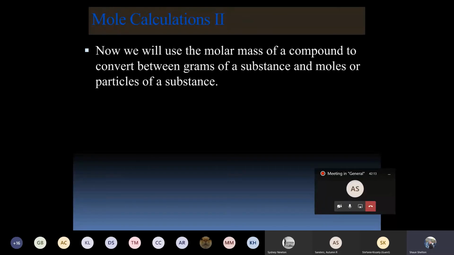So now we're going to use molar mass of a compound to convert between grams and moles of a substance. So remember, Avogadro's number is 6.02 times 10 to the 23rd atoms per mole, and now you have molar mass. So your mole is the central unit here.